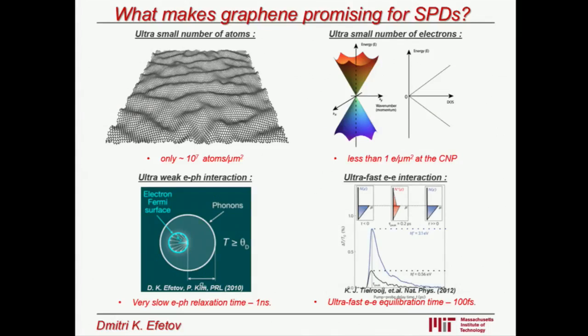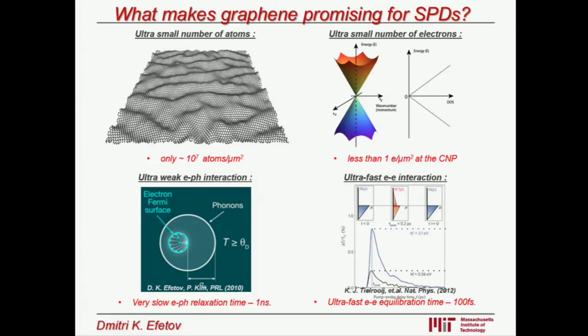A typical graphene device is roughly 1 by 1 micron in size, and you can almost count the atoms in this material. A 1 by 1 micron graphene sheet has 10^7 atoms, so it's a very small thermal mass compared to other, bulkier three-dimensional materials.